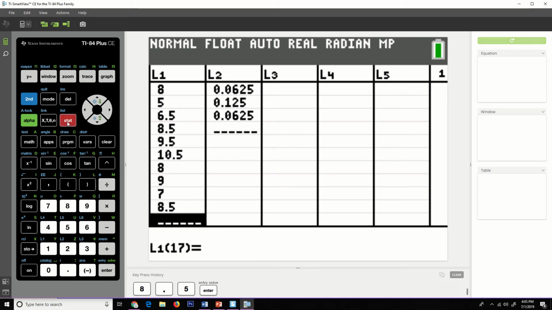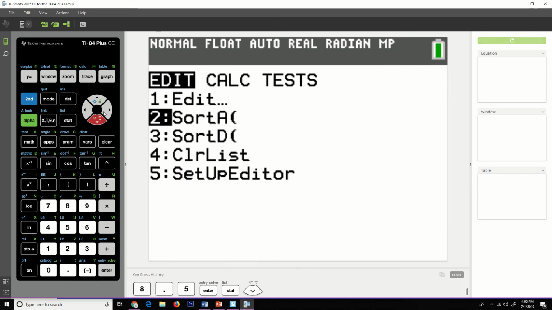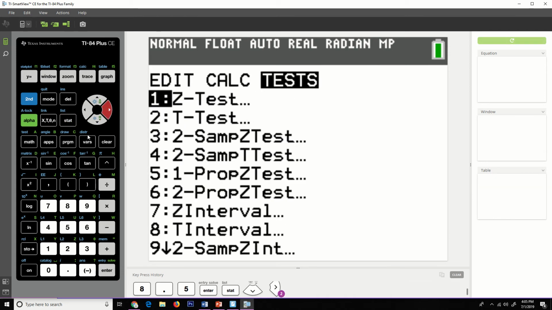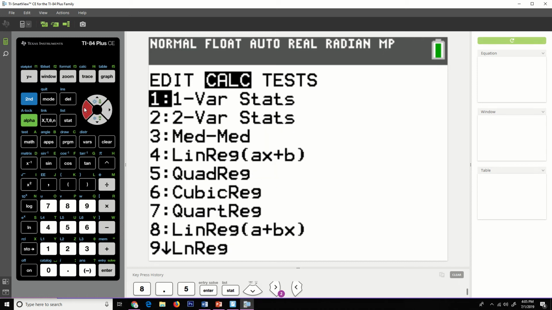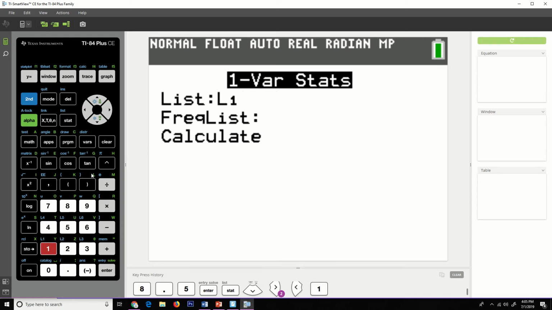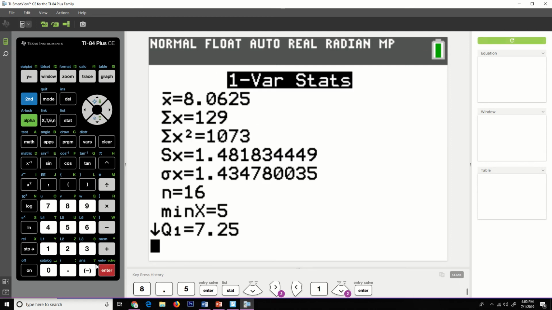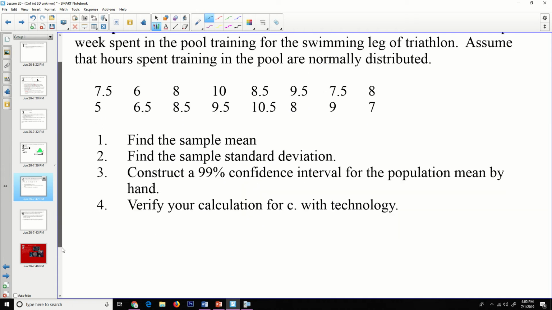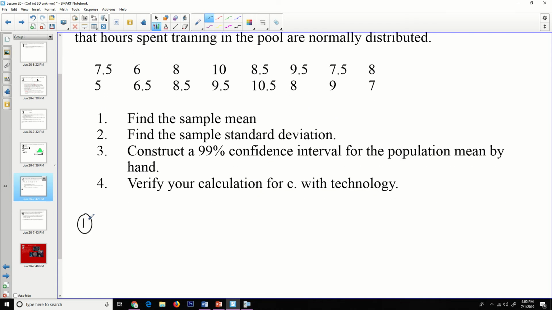Okay. So stat, we're going to go over to calculate. We're going to calculate our one-variable stats. And if you have your frequency list here that has an L2 in it, I want to make sure you get rid of that. So we'll calculate this stuff. And so our average is 8.0625. So for number 1, we're going to find that sample mean.